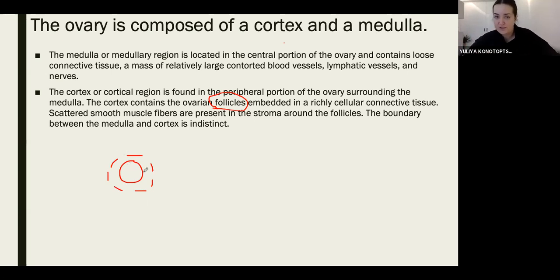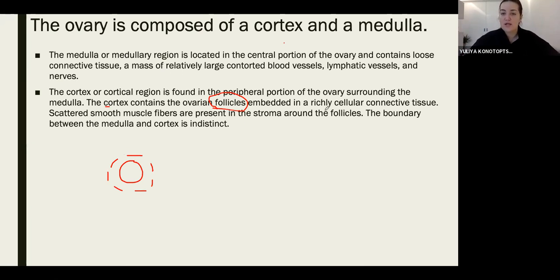So this is a follicle, and a follicle, I repeat, consists of the oocyte, which is surrounded by the follicular cells. Where are these follicles located? Not in the medulla, in the cortex. It is very important to remember that you will not find a single follicle in the medulla. You will find all of them in the cortex.